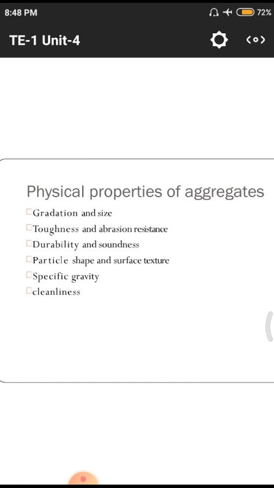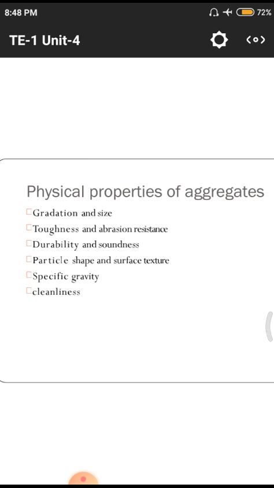Particle shape and size and surface structure. Particle shape means whether it is a rectangular shape, a square shape, a hexagonal shape, or a conical shape. All those shapes we have to observe. Why? Because different quarries have different kinds of aggregates. In a particular quarry, the base material is collected from hilly areas, and those hilly areas have some chemical properties.